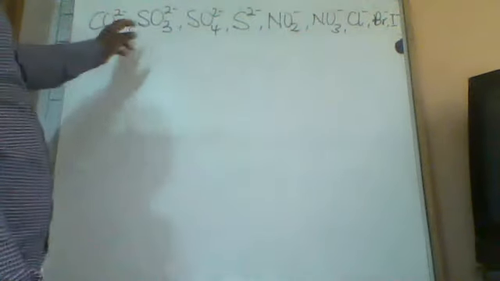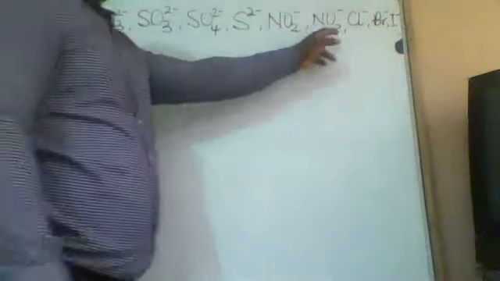Yeah, these are the anions, 9 in number. 1, 2, 3, 4, 5, 6, 7, 8, 9. The cations are 8 in number.